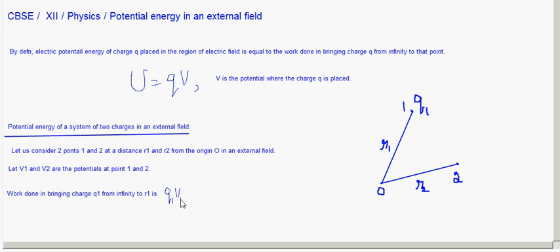Now let us say we are bringing another charge q2 to point 2. Now we have to do the work against the external field E, and also against the field produced by charge q1. So work done in bringing q2 from infinity to r2. In this step we have to consider the work done not only against the external field but also against the field due to q1.